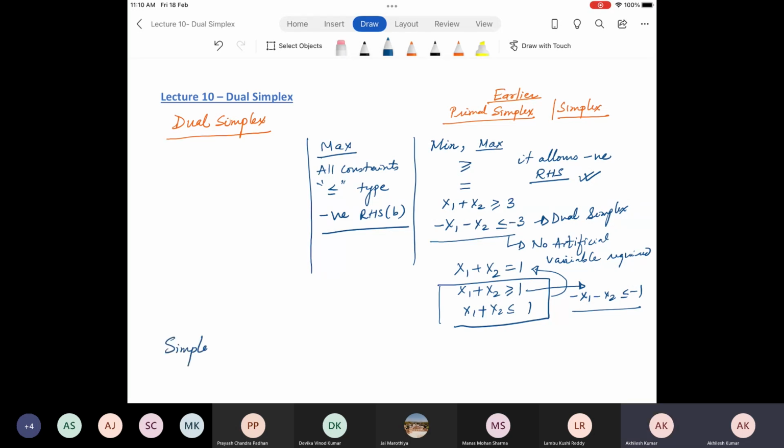The simplex method, as I was explaining earlier, is a primal algorithm, where it maintains primal feasibility and works towards dual feasibility.